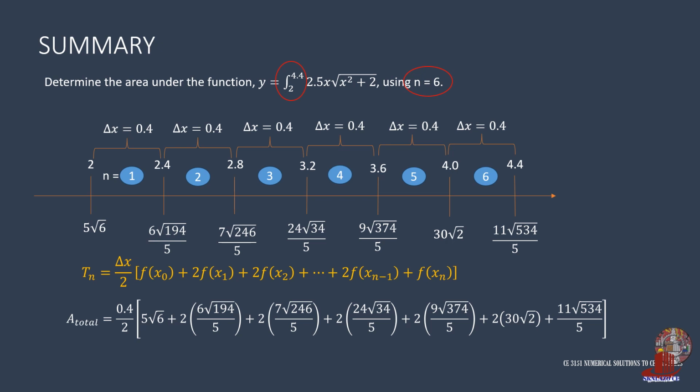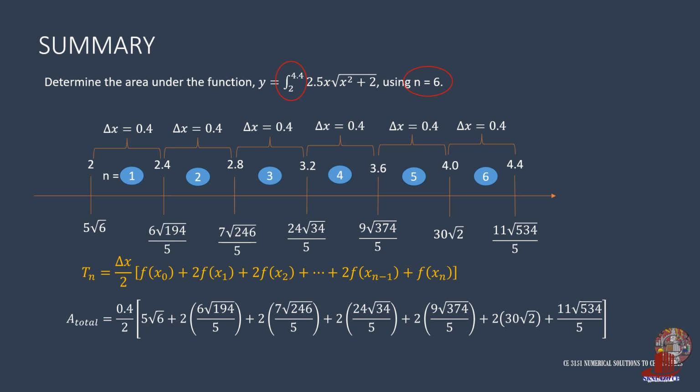Add next 2 times 9 root of 374 all over 5, with twice of 30 root of 2. Then finally, the last term is 11 root of 534 upon 5.